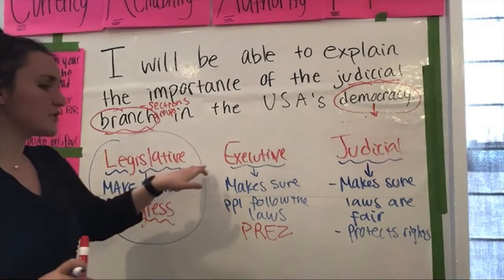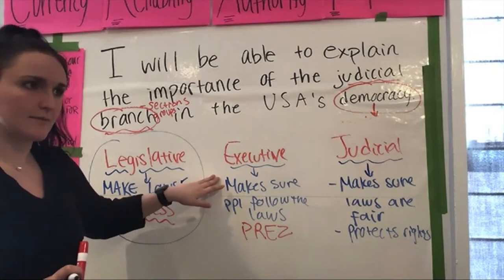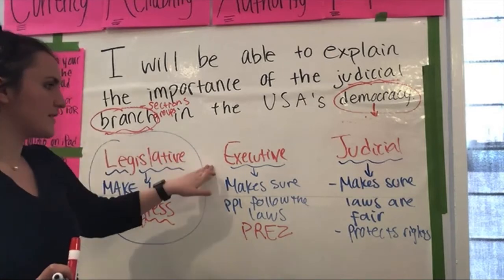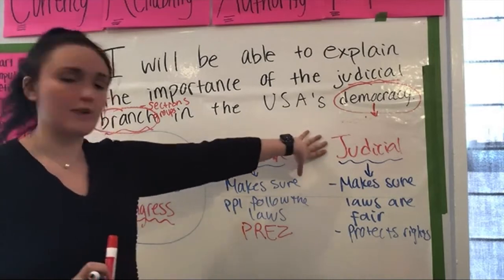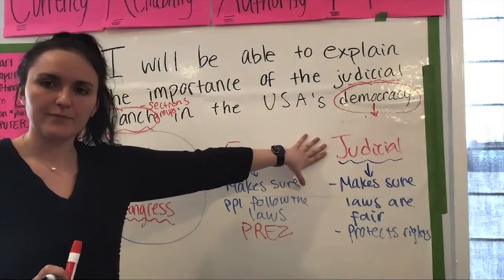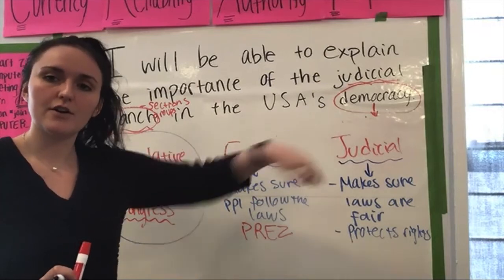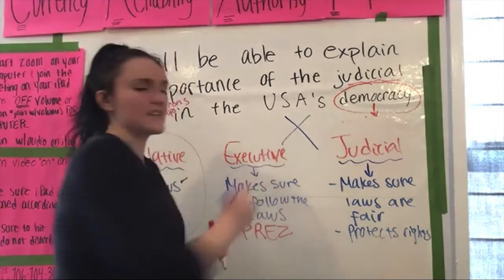When a law is created that is unfair, sometimes it takes the judicial branch to step in and say, hey, you know what? That law is unfair. If the judicial branch decides a law is unfair, the law is canceled.